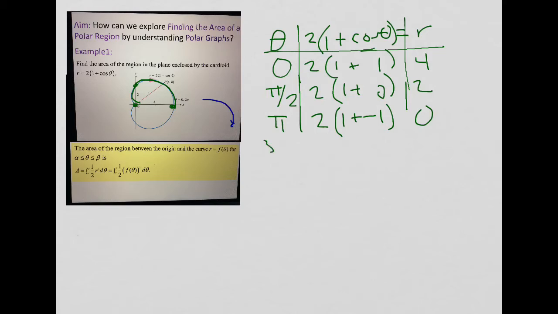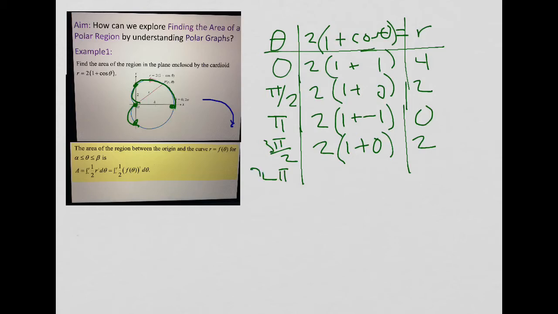So let's try 3 pi over 2. At 3 pi over 2, you plug it in for cosine, again, 0. Same as pi over 2, 3 pi over 2, etc. So r is 2. So that's down here. So keep going counterclockwise. And let's go back to 2 pi.